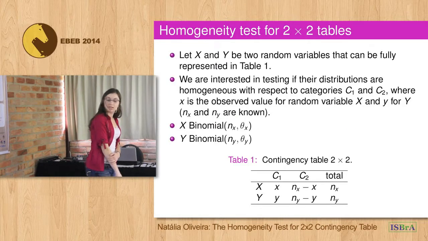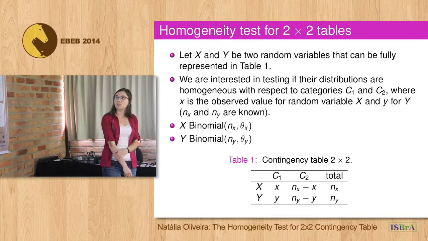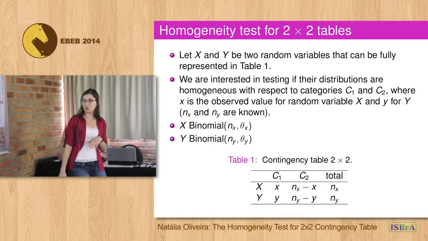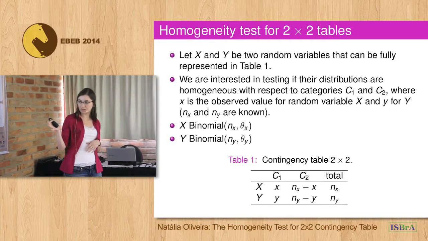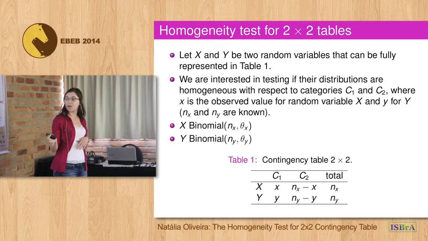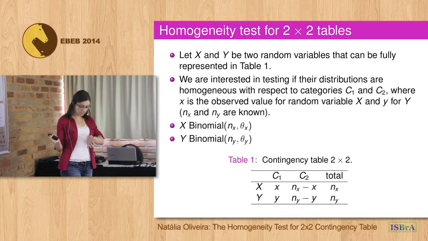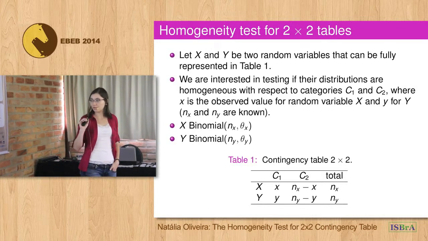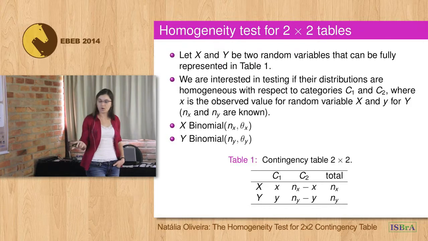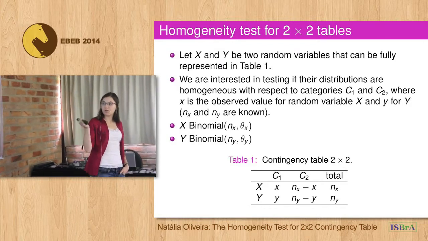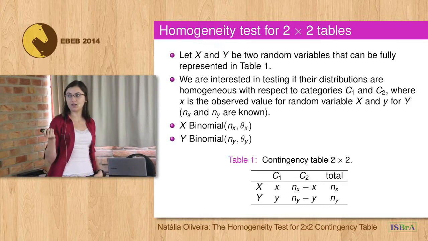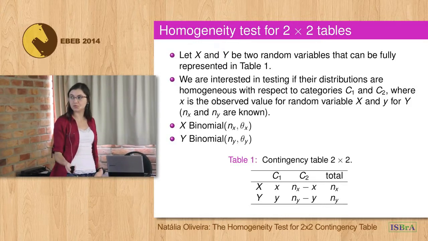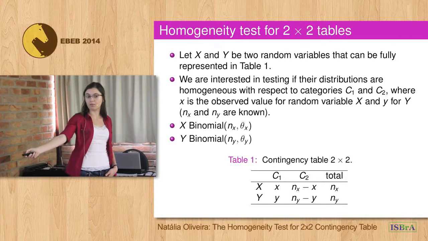So now the test. Let x and y be two random variables that can be fully represented in table 1. We are interested in testing if the distributions of x and y are homogeneous with respect to C1 and C2. Considering nx and ny fixed and known, it follows directly that x has a binomial distribution with parameters nx and theta x, and y a binomial distribution with parameters ny and theta y.